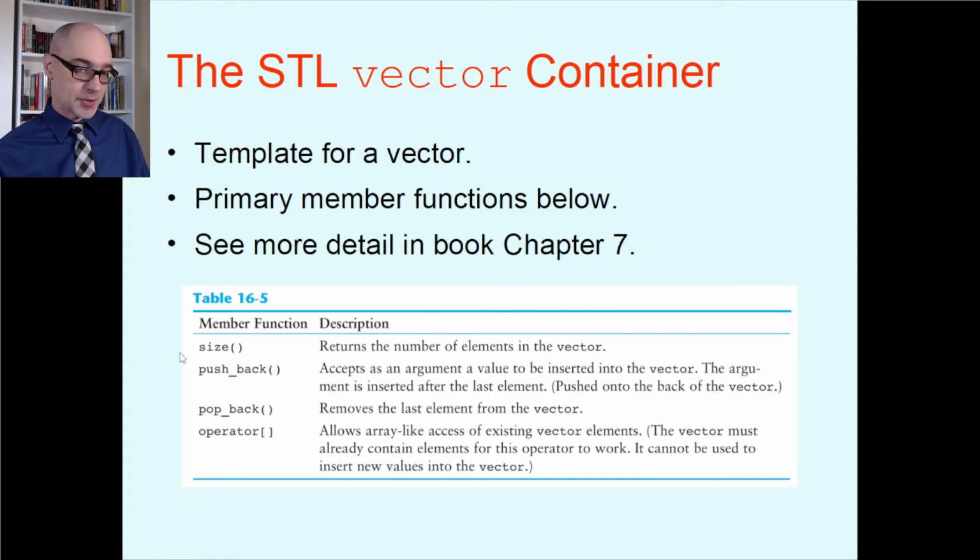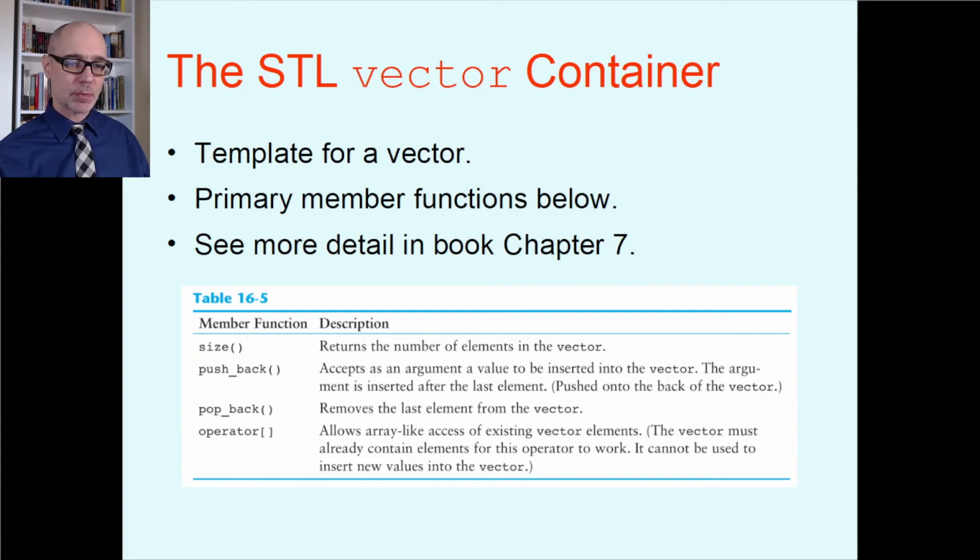There's a function called size to return the number of things in your vector. There's a function called push_back that accepts a particular argument, whatever you're storing in the vector, and adds it to the vector. Okay? Unlike an array that is a fixed size most of the time, a vector, you can add more stuff to it, and if it has to, it will resize itself and make itself bigger to store your extra information.